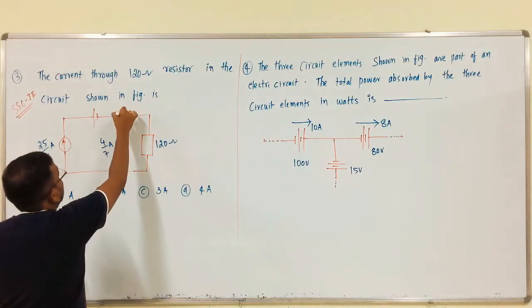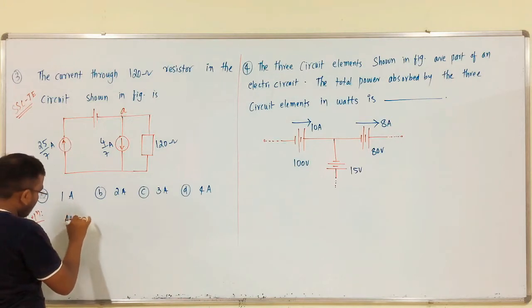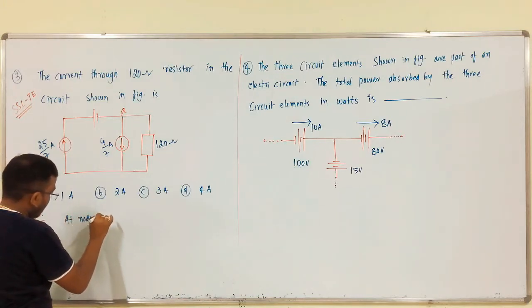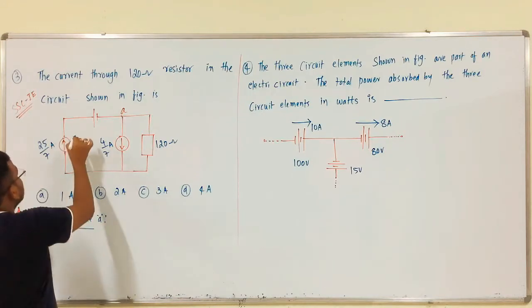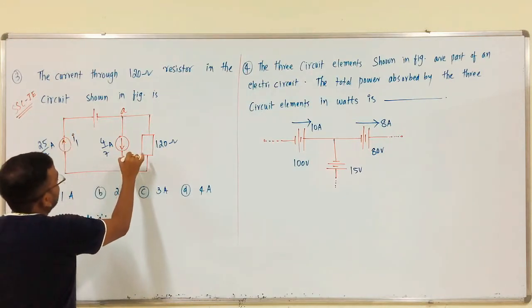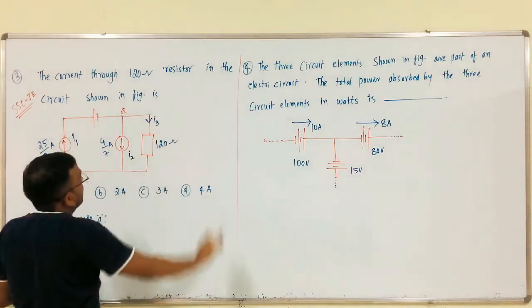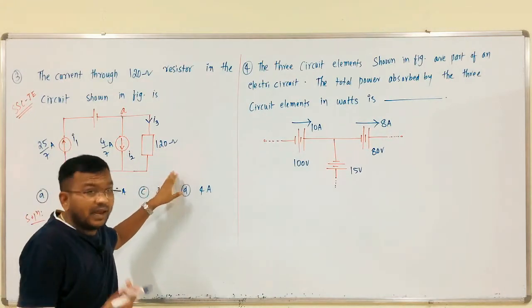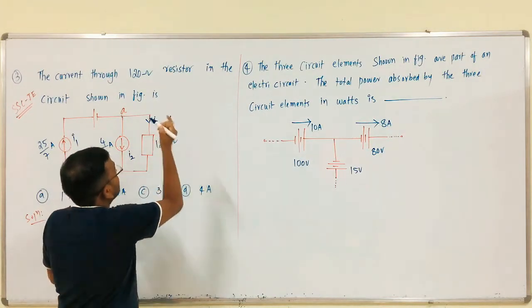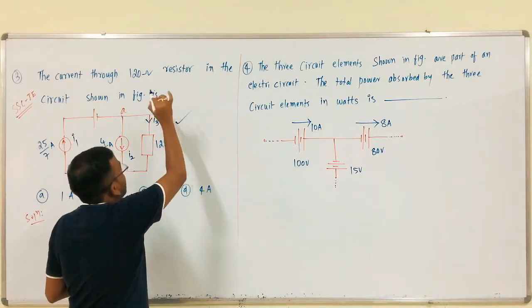For example, at node A, see the current directions: this is I1, this is I2, now this is I3. Sir, how can you consider that downward direction? Can I consider upward direction? Obviously, we can consider this direction or this direction.